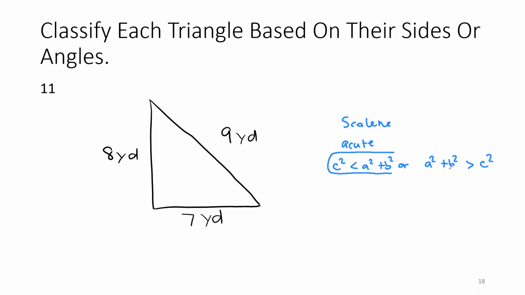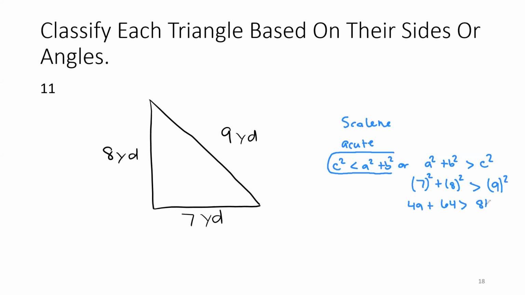So A and B represent legs, C is the largest length or the hypotenuse. So what would be one of our legs? It could be 7. And then one of my other legs is 8. And then my hypotenuse is 9. So this would be 49 plus 8 squared, 64, is greater than 81.